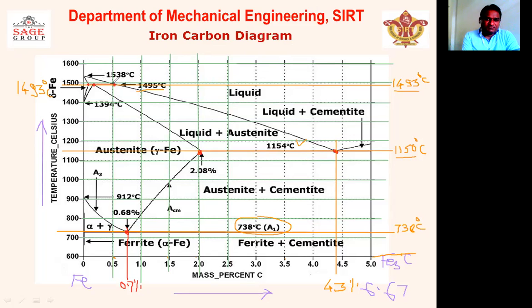Now check the weight percentage of carbon with respect to these points. So I'm going to draw very light projector lines from these points to the horizontal line like this.